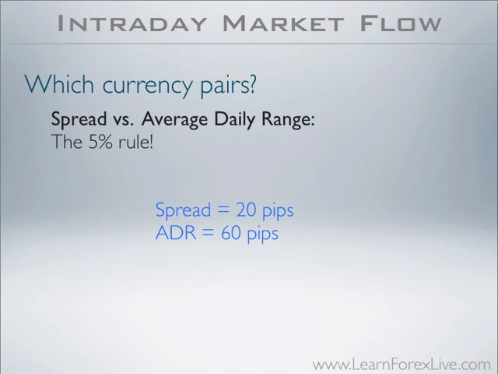I cannot possibly review all the different forex brokers here, so you will have to do your own research as far as which forex broker gives you an acceptable or reasonable spread cost for your trades. But again, we are going to be using the 5% rule in order to determine which currency pairs can be traded from an intraday point of view and which ones are to be left outside.